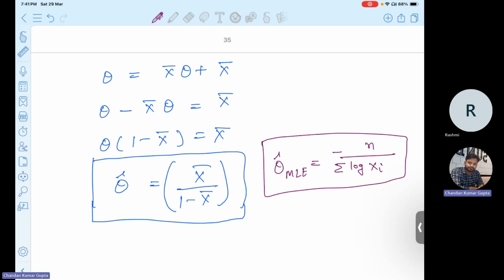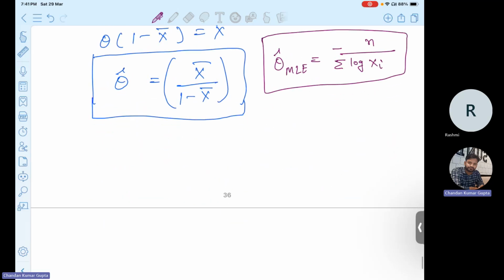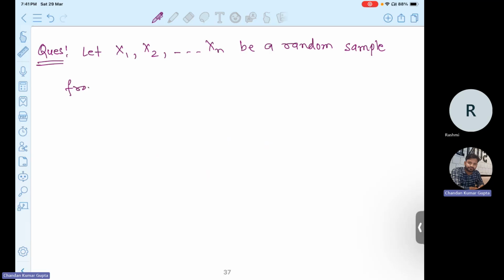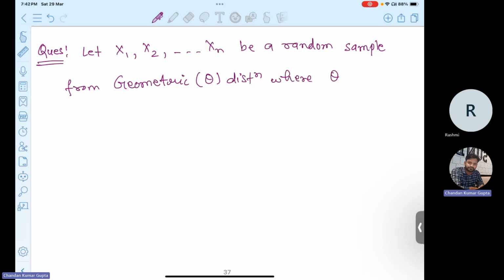Now we have one more question. Let x1, x2, ..., xn be a random sample from a geometric distribution with parameter theta, where theta is unknown.